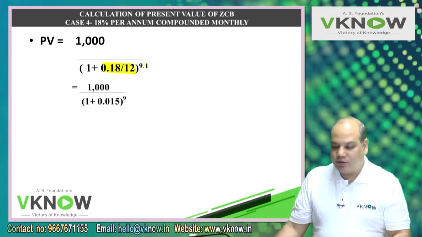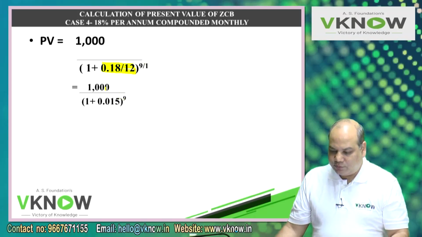What you get? 9. So simplify this. 1000 divided by 1 plus 0.015 to the power 9.